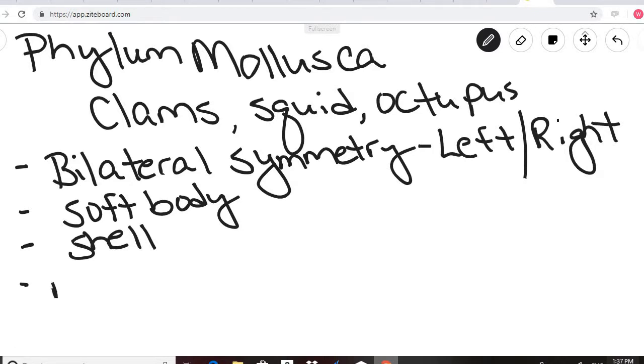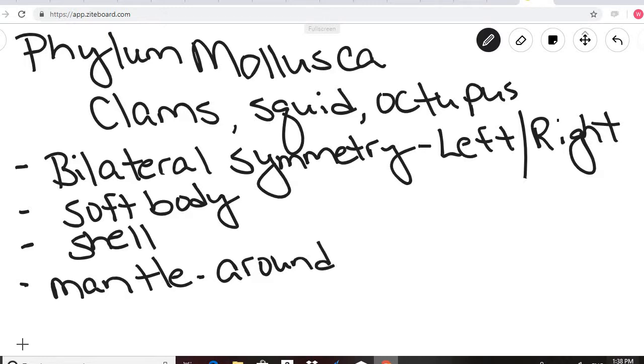and we'll deal more specifically with that as we get into different organisms. They have a mantle, and what a mantle is, it's a covering around the organs. So the mantle goes around the organs, and the mantle is also important because it is the mantle that makes the shell.